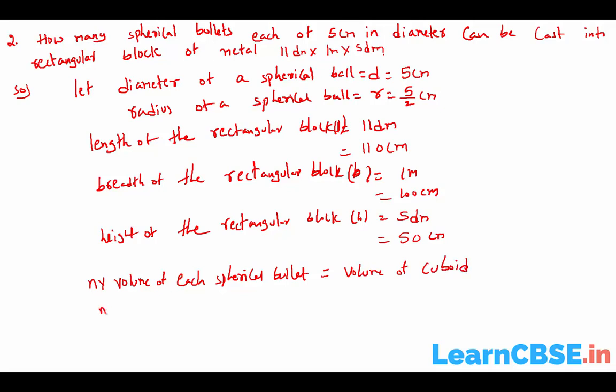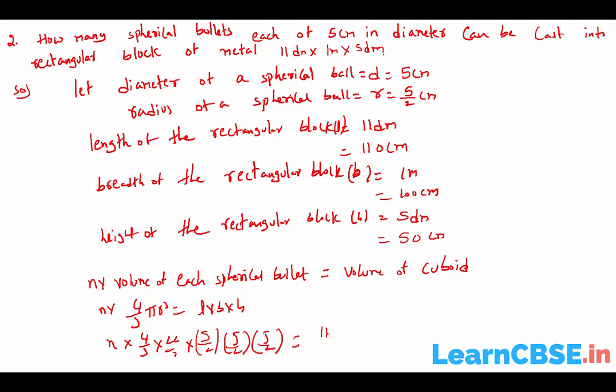Now n into 4/3 pi r cube is nothing but L into B into H. Then n into 4 by 3 into 22 by 7 into r cube, that is 5 by 2 into 5 by 2 into 5 by 2, equals 110 into 100 into 50. 2 2s are 4, and 4 cancel.